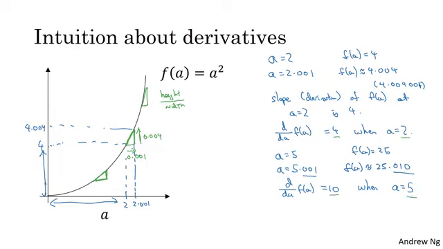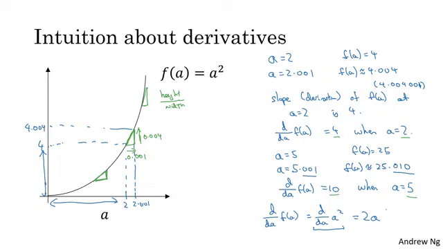Now, a calculus textbook will tell you that d/da of f of a, where f of a is equal to a squared, so that's d/da of a squared, is equal to 2a. I'm not going to prove this, but the way you find this out is that you open up a calculus textbook to the table of formulas, and it'll tell you the derivative of a squared is equal to 2a.